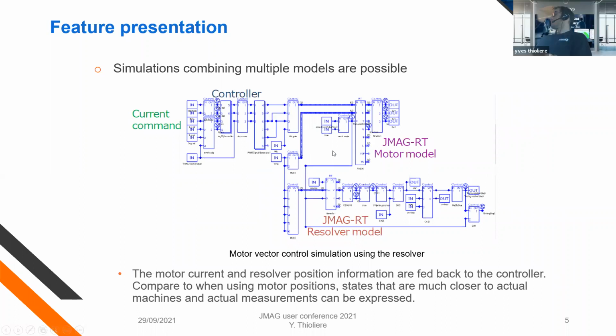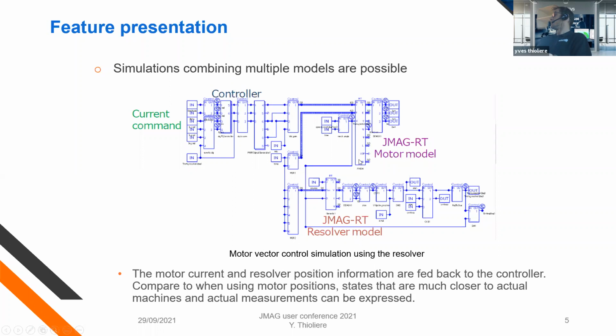Here is an example, the example Nicolas showed you during the presentation of Dr. Takashi Yamada. You could see that in this circuit, there are several different RT models. Here this is the controller and the command for the motor. Here is the motor. This component is the JMAG-RT motor model. JMAG-RT is a behavior table of the model.